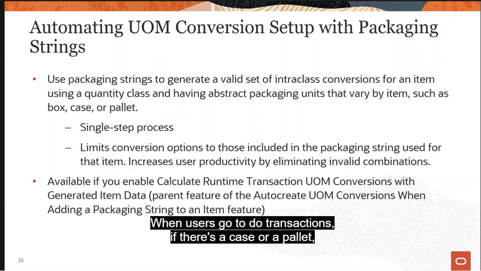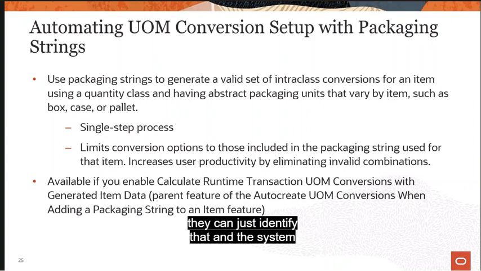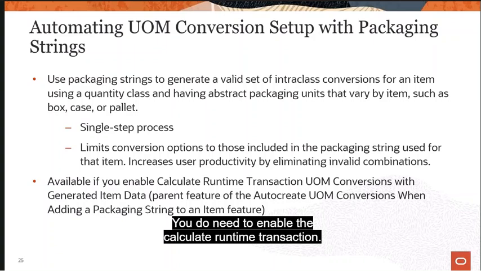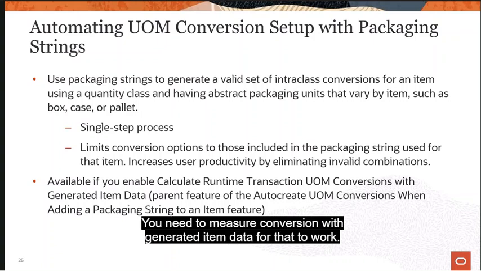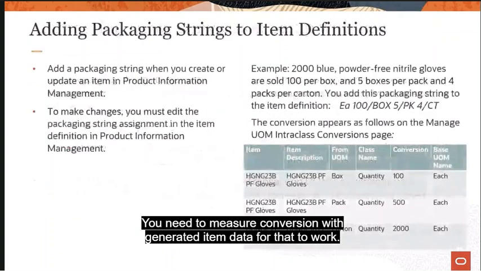When users go to do transactions, if there's a case or a pallet, they can just identify that, and the system will say, oh, that's going to be X number of eaches. You do need to enable the calculate runtime transaction unit of measure conversion with generated item data for that to work.